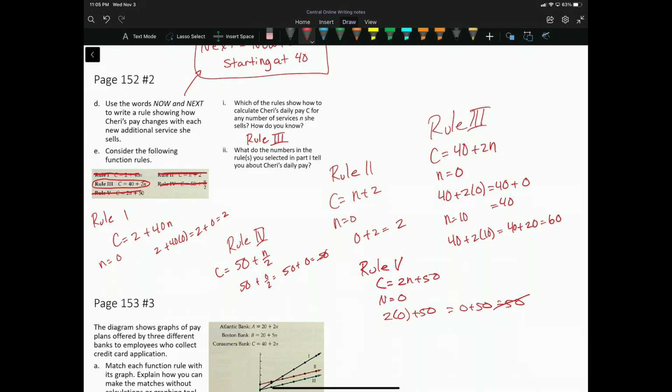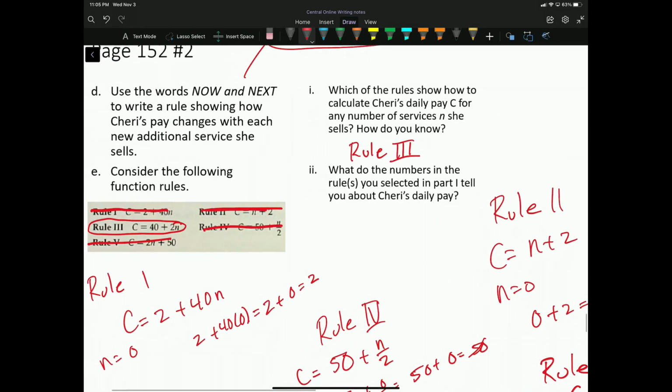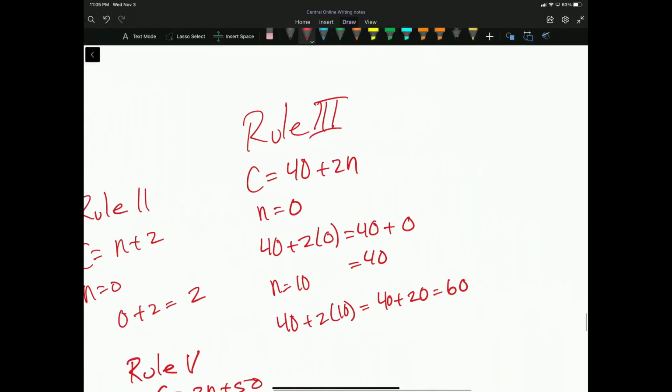What do the numbers and the rules you selected in part 1 tell you about Sherry's daily rule? All right. So if we take a look at this number, this was our rule here. Remember, this was our starting amount. So the 40 is going to tell us our pay with no sales.